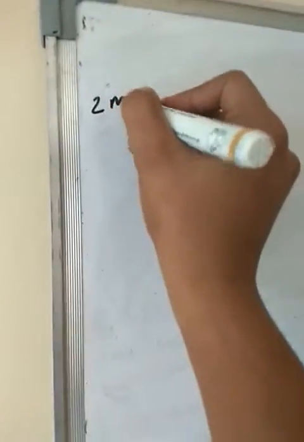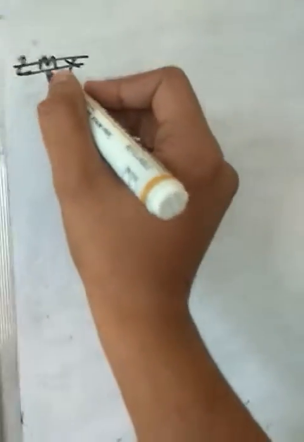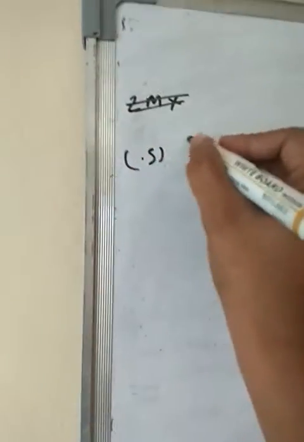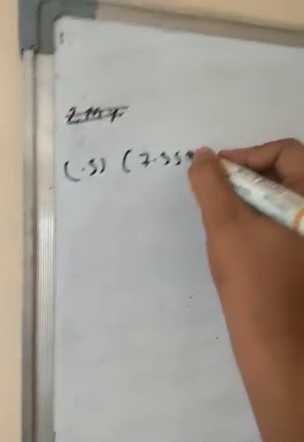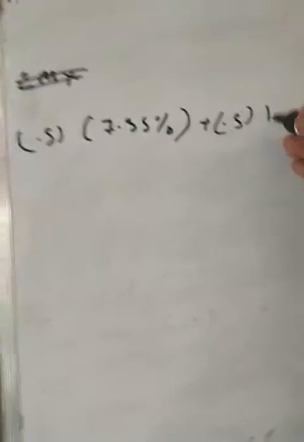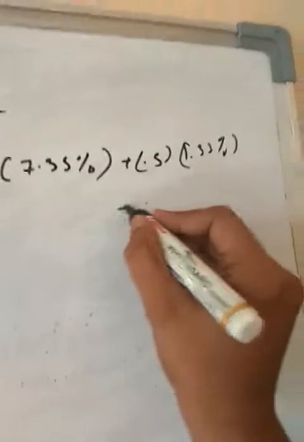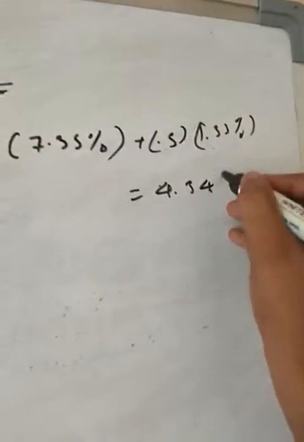Hence, 2 million into, not 2 million, sorry, we don't want to convert anything into percentage. That is, we have 0.5 into 7.35 percentage plus 0.5 into 1.33 percentage is equal to 4.34 percentage.